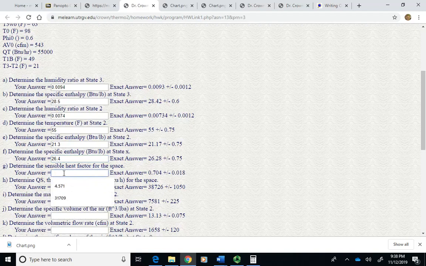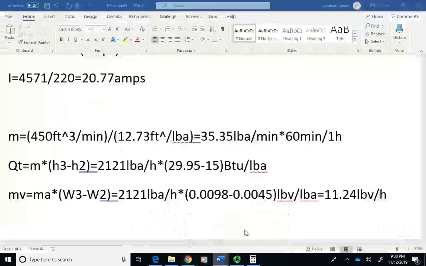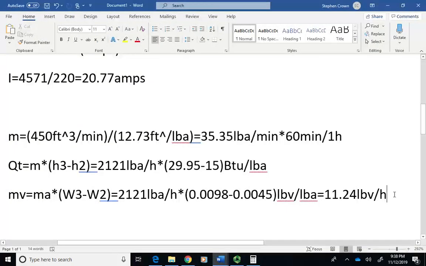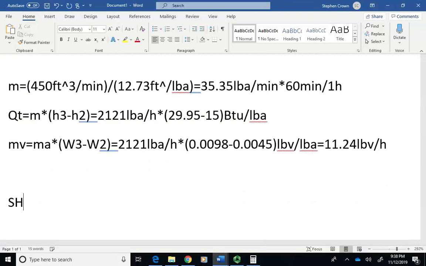Okay, then the sensible heat factor is equal to Q sensible over Q total. And those are both multiplied by the same mass flow rate, so it would be the delta H sensible, which would be Hx minus H2 divided by H3 minus H2.